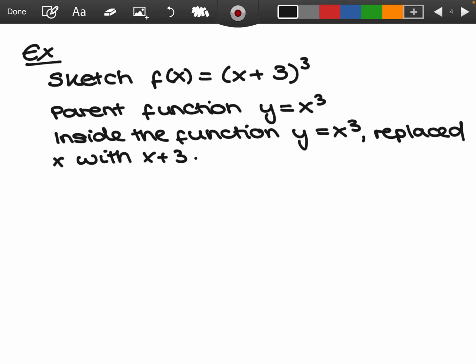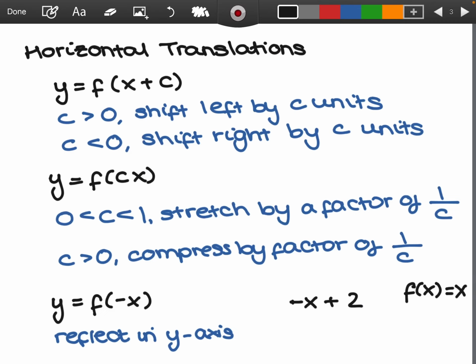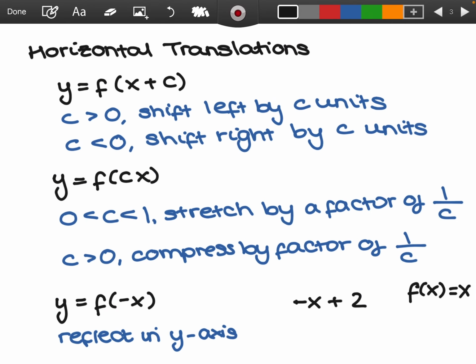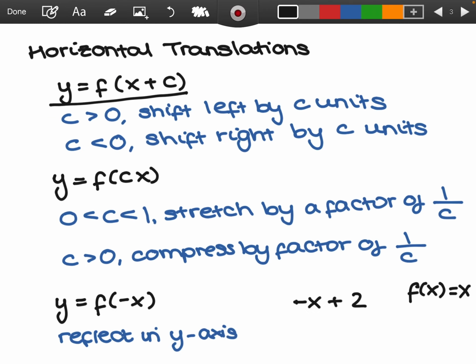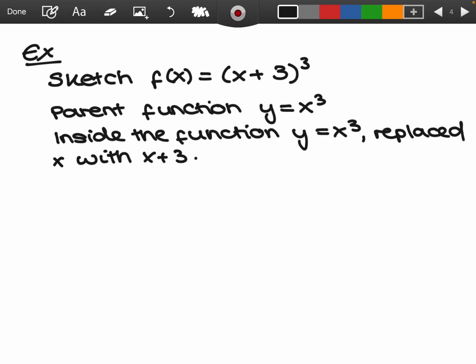Now the question is, what horizontal translation are we doing? I'm dealing with this kind of translation. I've taken my original function and I've added a value to the x inside the function. Now, in our case here, c is greater than 0, c is 3. So that means that I'm going to be shifting to the left by 3 units.